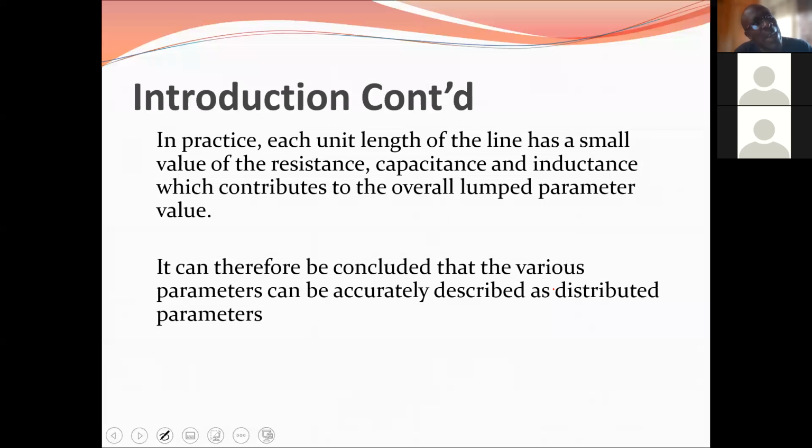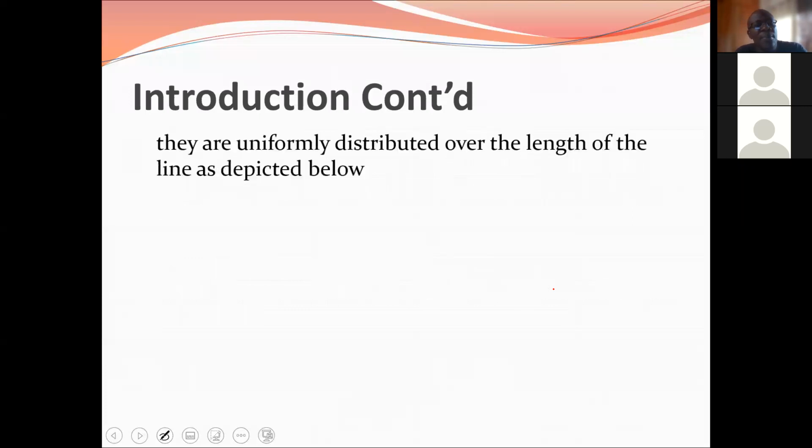So what you would have is your resistance per meter, but then you have 100 kilometers. And so that resistance per meter is distributed along the entire line. Similarly, your capacitance, farad per meter, your inductance, Henry per meter, distributed along the entire line.